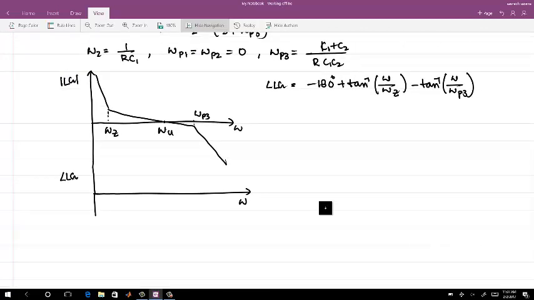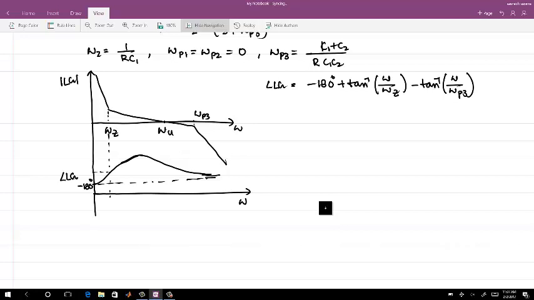So it starts with minus 180 degree. At omega z, it will be minus 135 degree, right? And so it will be something close to 90 or whatever maximum, and then it again comes back.